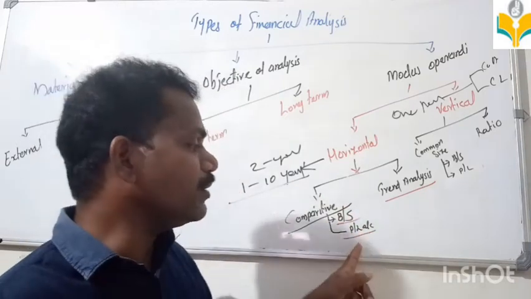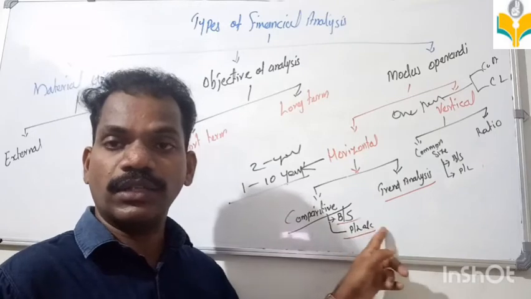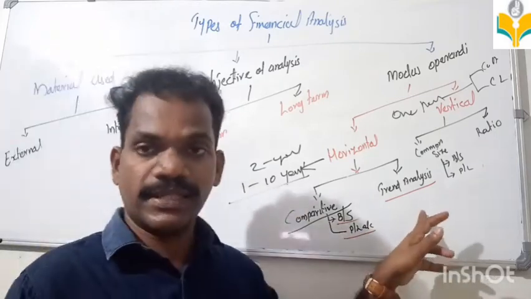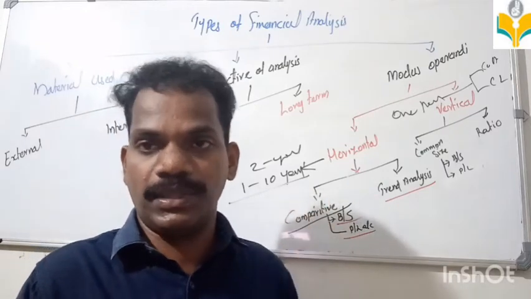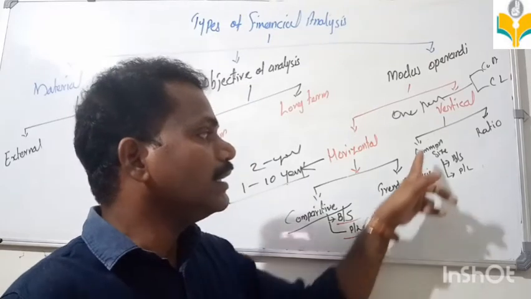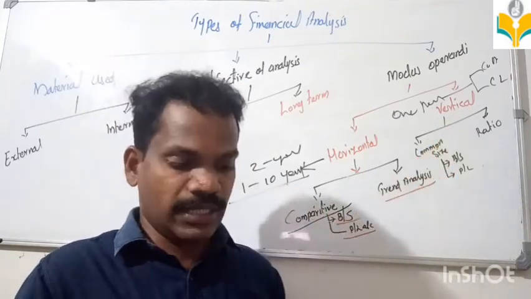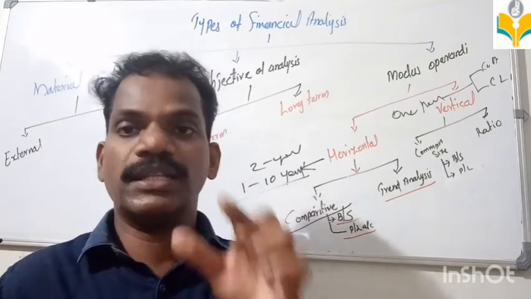Here the comparative study for 2 or 3 or 5 or 10 years should be analyzed. Then trend analysis, which is the tendency to create profitability. Then common size, the common nature created on which item or which event of a single financial statement.